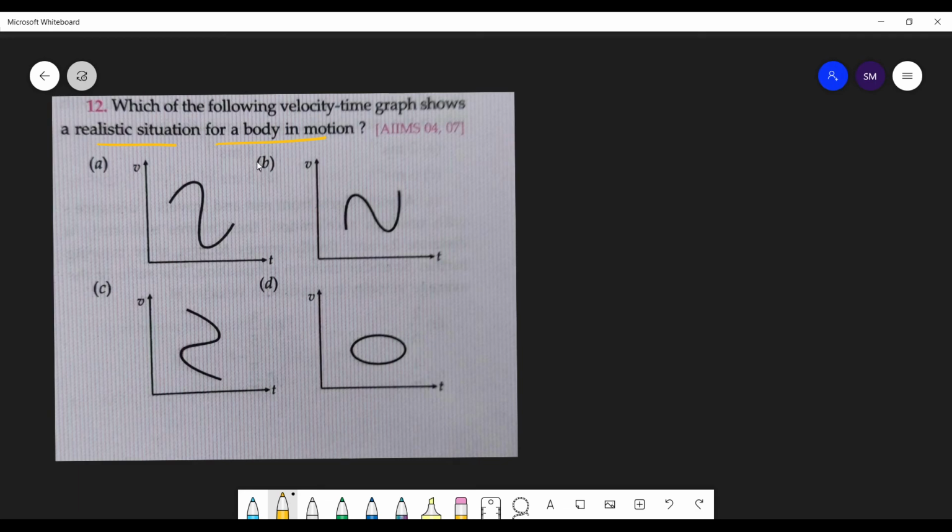In the other graphs, at a particular time you have more than one velocity, which is not possible. This graph clears the vertical line test, so that's the option. Agreed?